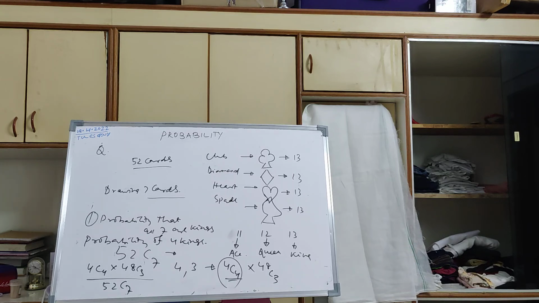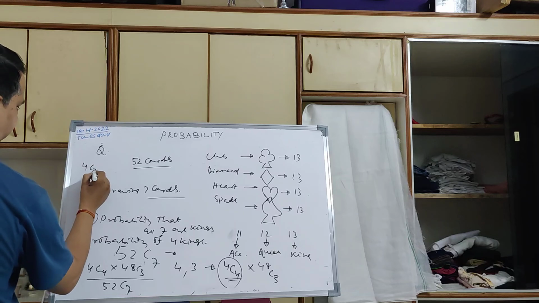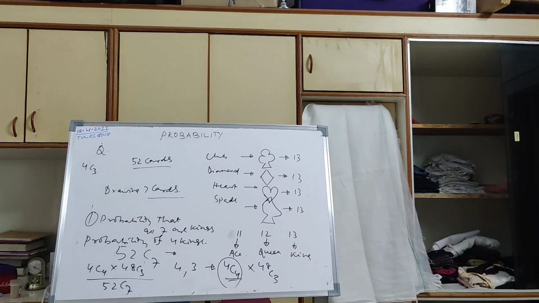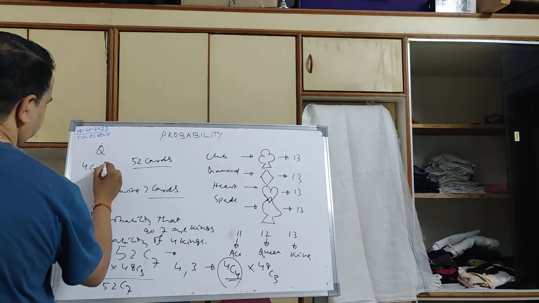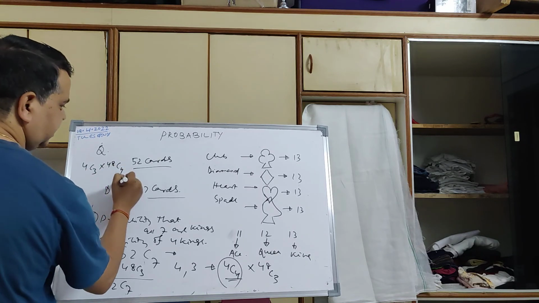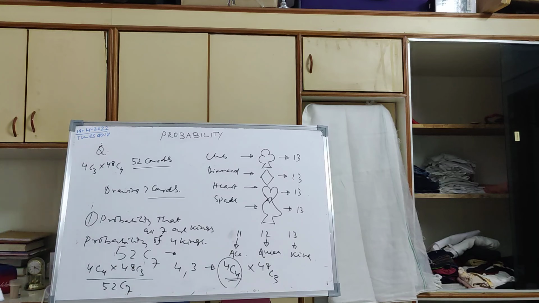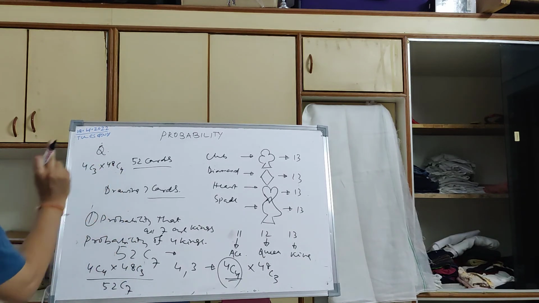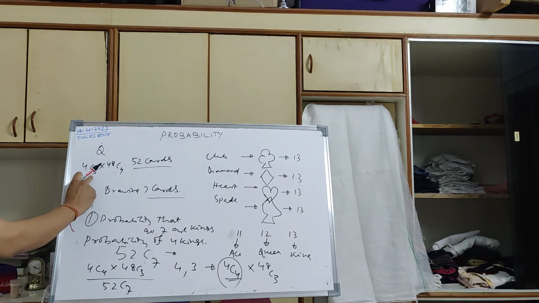Probability of 3 kings will be 4C3 into 48C4. Here for 4C3, this is 4, and the total should be 7, because you are drawing 7 cards.